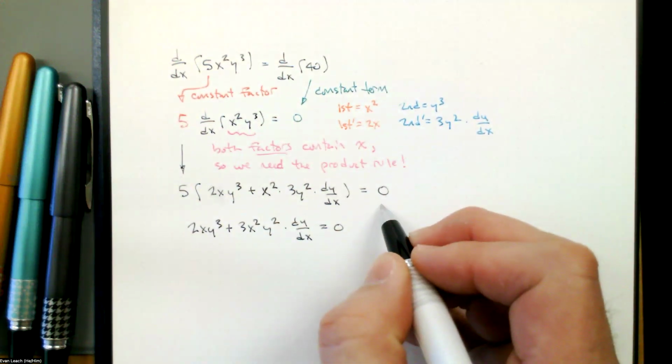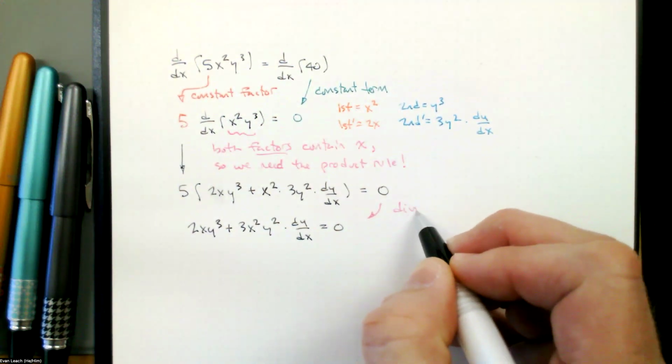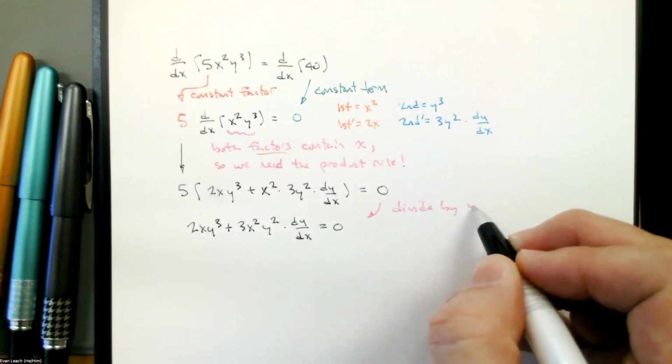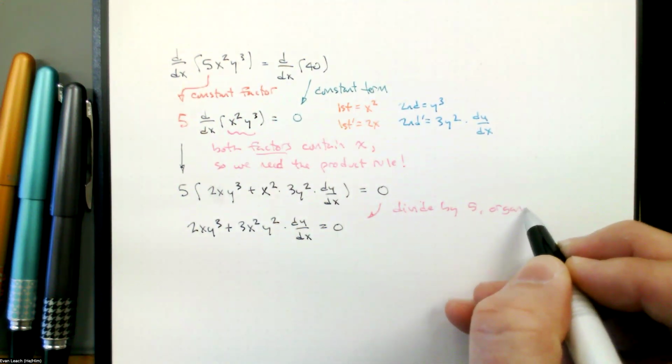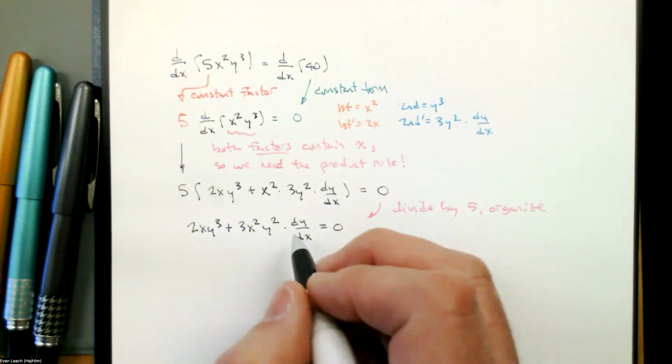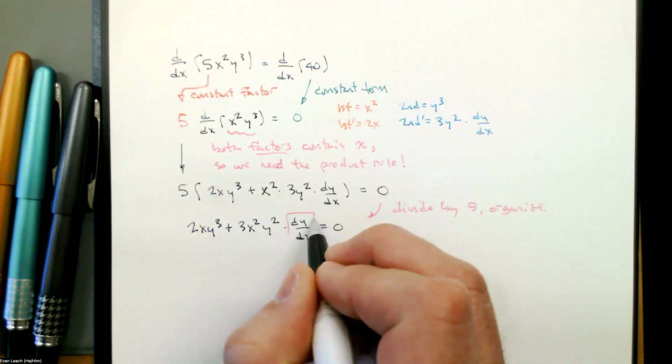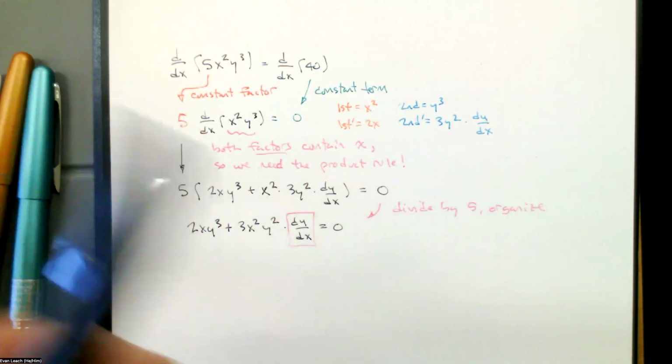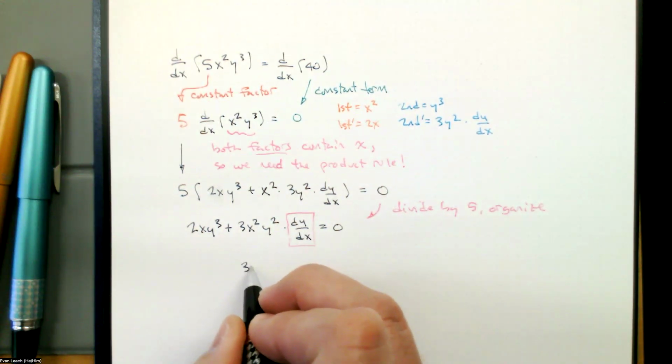As a note here, just divide by 5. Organize. The thing that we're looking for is dy dx. So when we're solving for a factor, we're going to subtract any terms that don't contain that factor, and divide by the coefficient of that factor. So I'm looking for the dy dx. So our strategy is to get the non-dy dx stuff away.